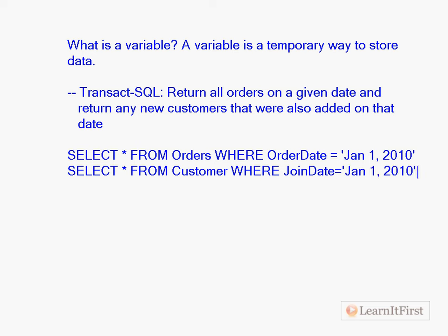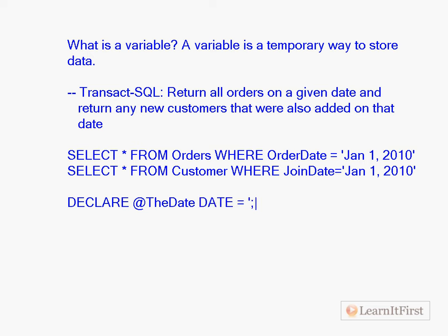Okay, so lots of problems with this from a code maintenance standpoint. That's one thing we're always interested in, our code maintenance. In this case, if we want to change the date, we have to go to multiple locations and change it. It would be far superior if we had some temporary storage for the date, and you declare variables in T-SQL with the @ sign.